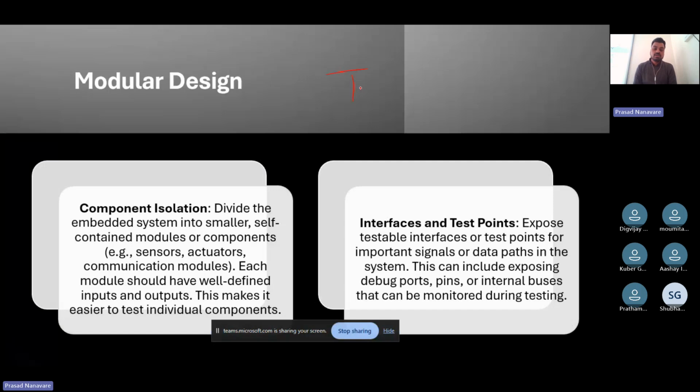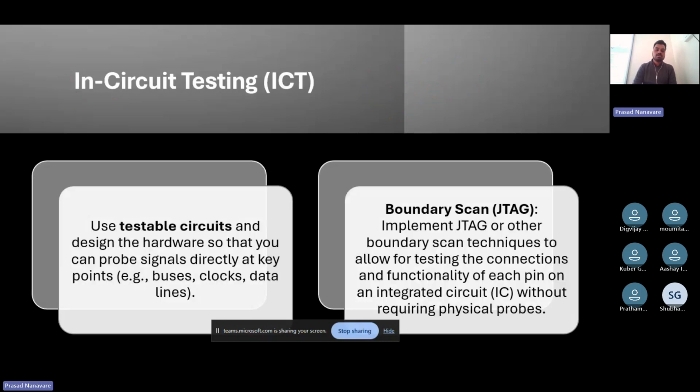Considering the testability of the system, there are some standard practices mentioned. First is modular design. We already saw this: component isolation and interfaces, and test points we have to take out.